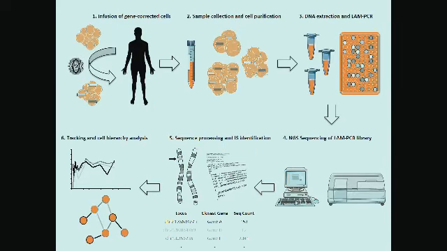The main workflow and the concept behind these studies is the fact that each infused cell that is transduced carries a unique cellular marker in that it carries a unique integration site.